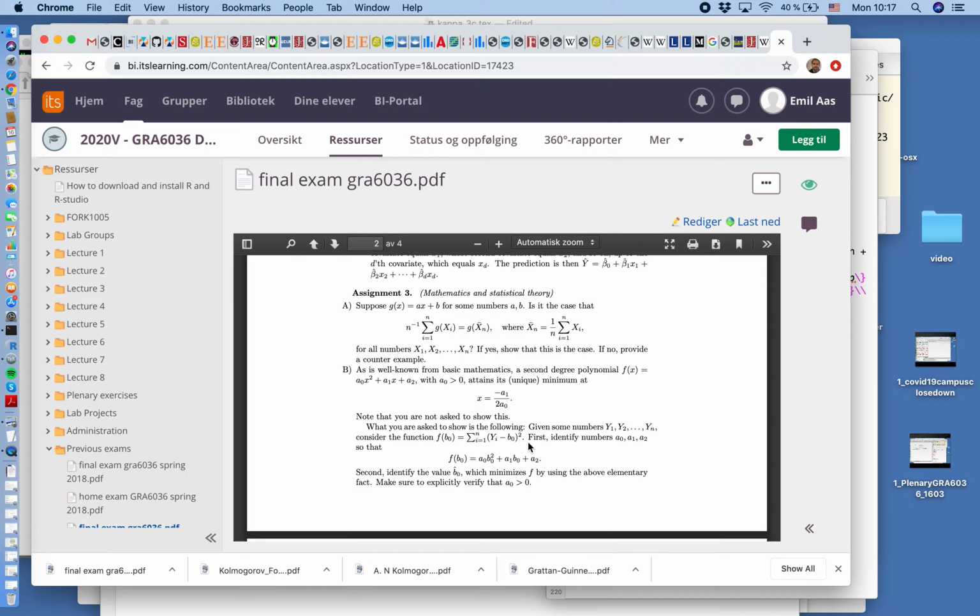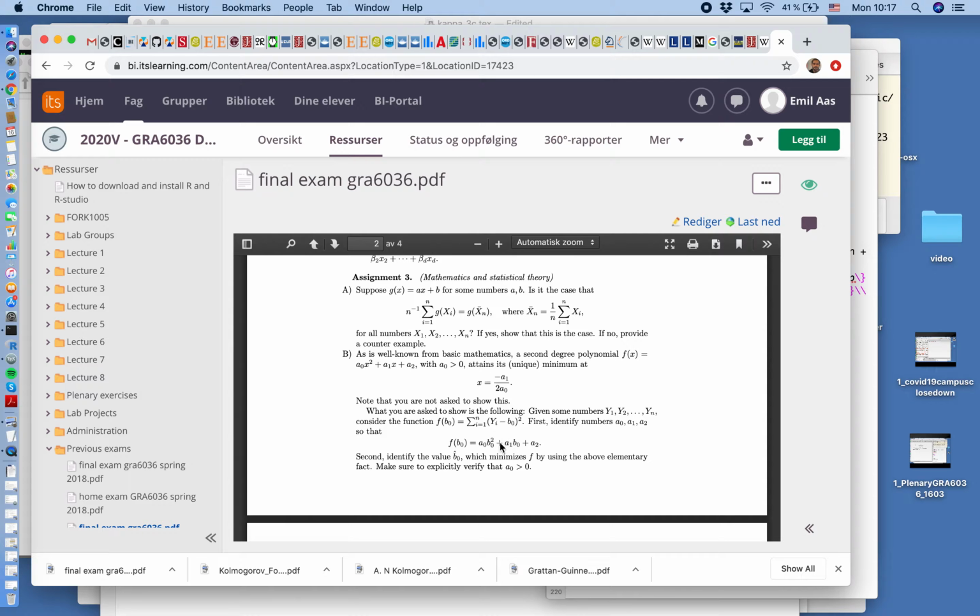So already you should sort of know what the answer is, but even though you know the answer, the value of b0 that will minimize this function, there is something to do in this exercise, because we are to identify the numbers a0, a1, a2, so that we can write this function like this. When we have it on this form, we will associate b0 with x, and then we can use this to find the minimizer.